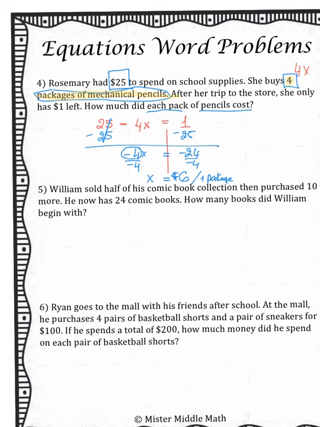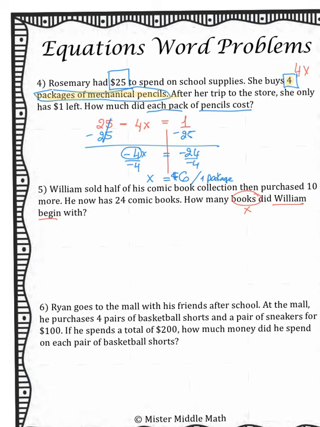Number 5. William sold half of his comic book collection, and then he purchased 10 more. Now he has 24 comic books. How many books did William begin with? So we don't know the number of books that William started with, so we call it x.